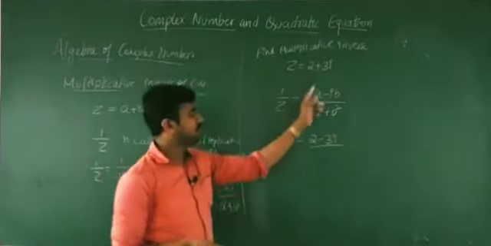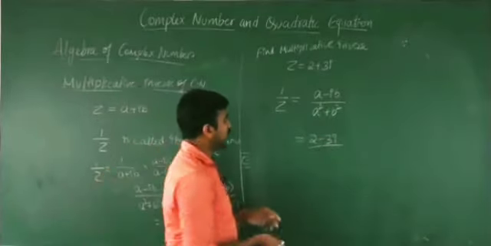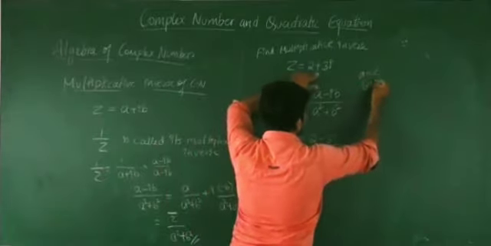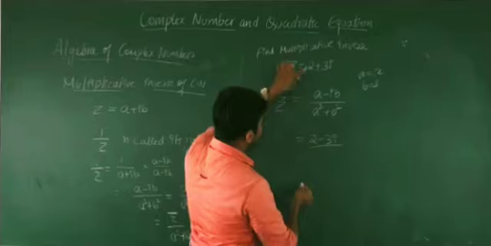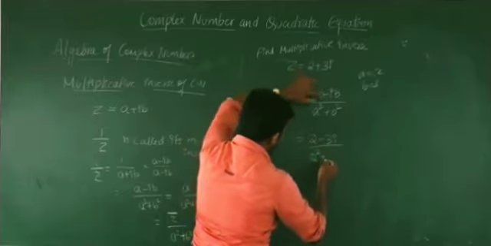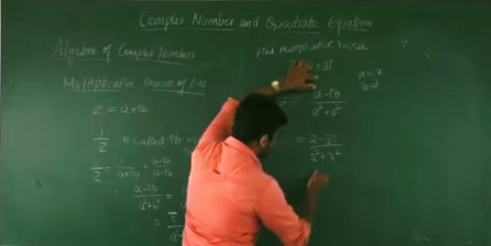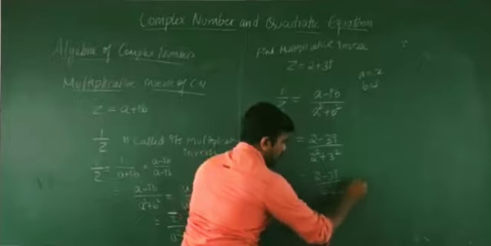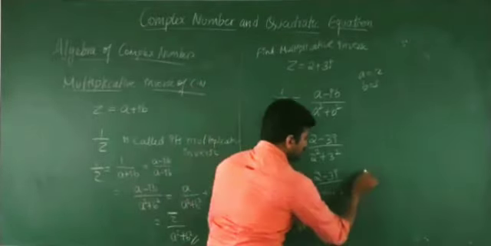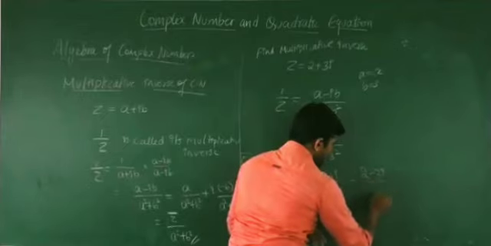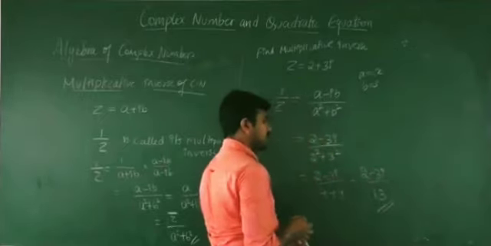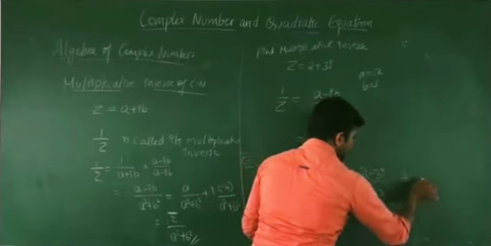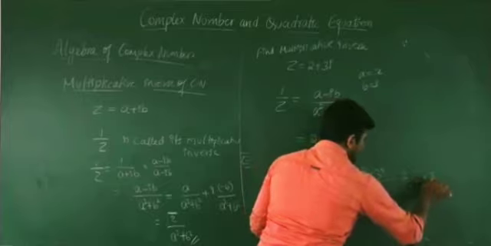They gave 2 plus 3i, so we should write 2 minus 3i, divided by a square plus b square. a is 2, b is 3. So a square is 2 square, b square is 3 square, or this is 2 minus 3i divided by 4 plus 9, or we can write this as 2 minus 3i divided by 13. And this can again be rewritten as 2 by 13 minus i into 3 by 13.